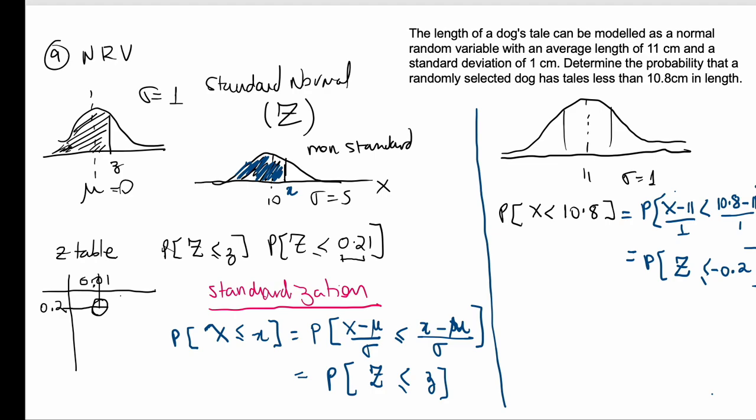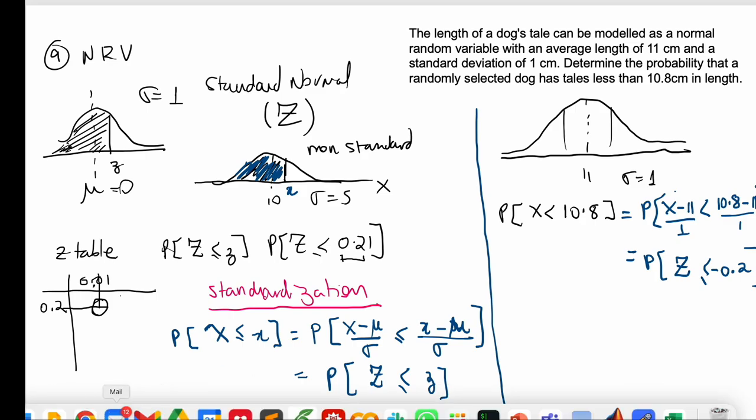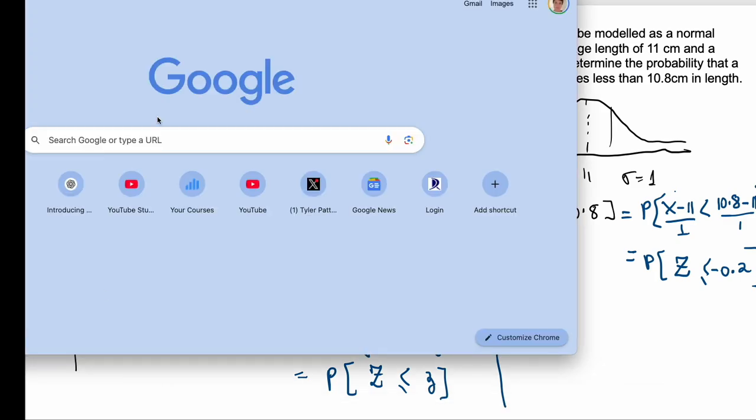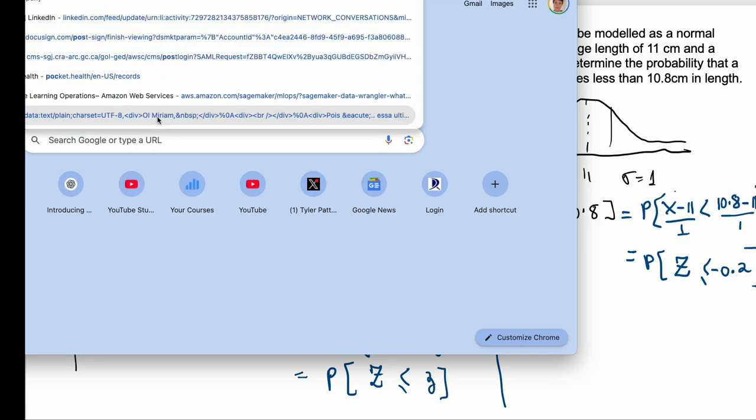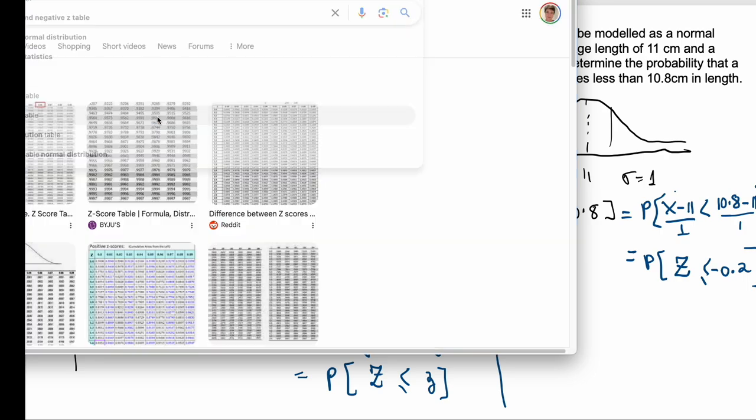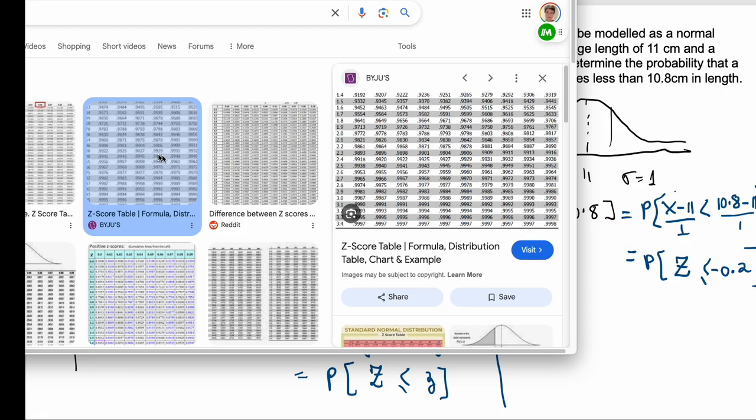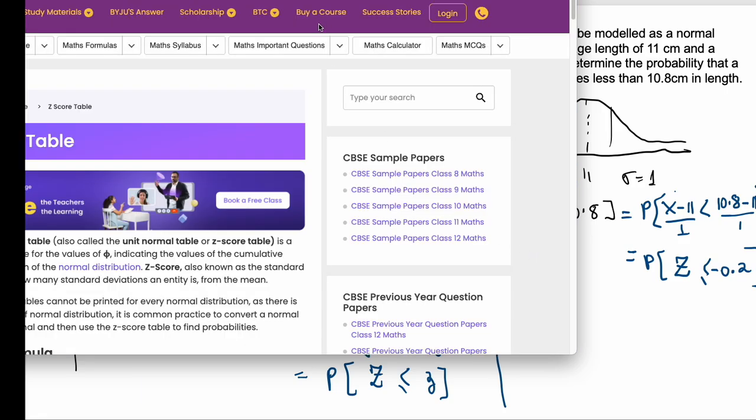Good? Now we have a problem. And that will be the 10th item of your recap. Why do we have a problem? Can I look up this table? Can I look up the minus 0.2 on the table? No, I can't, because the table that you will be provided is actually a positive table.